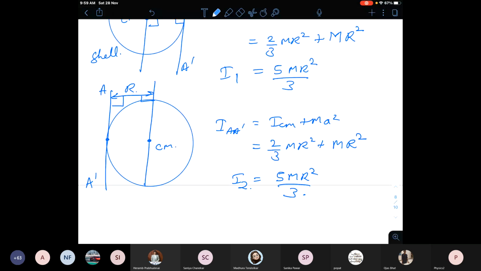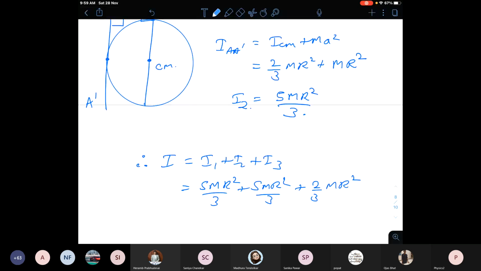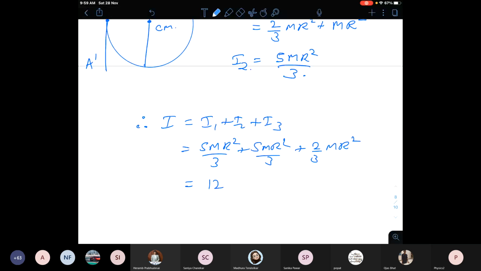So you can see that I1 and I2 are equal because they are identical. Therefore, the net moment of inertia will be I1 plus I2 plus I3, that is 5 MR square by 3 plus 5 MR square by 3 plus 2 by 3 MR square. If you add this, it will be 12 MR square by 3, that is 4 MR square.